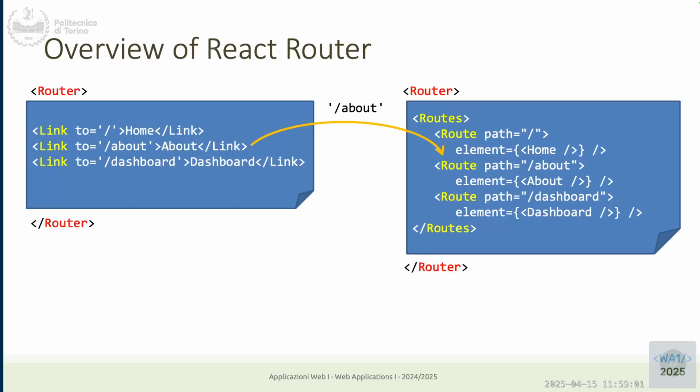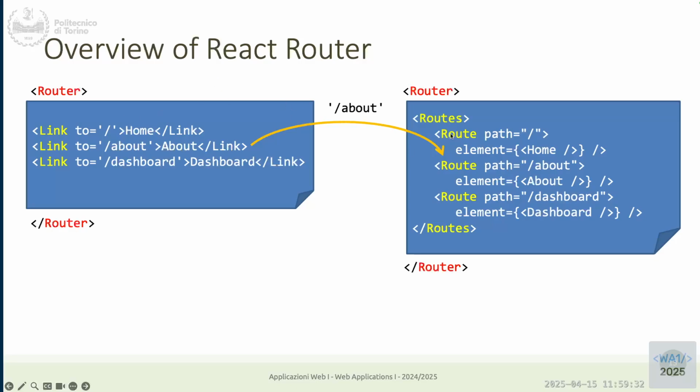Okay? And how to generate these URLs? Through the link components. So a link component is a fake link. It's not a real link. It looks like a link. It behaves like a link. It changes the URL, but it doesn't reload the page. So actually, internally, it's changing the state of the provider that is linked to the URL displayed in the browser.